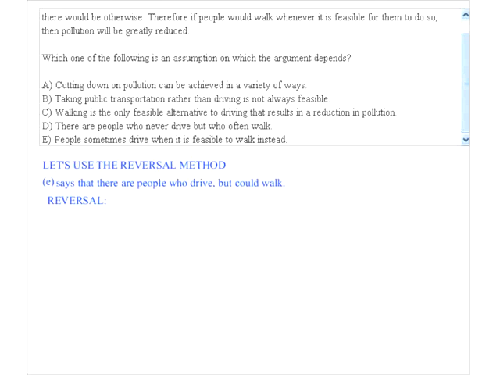But let's try this in 2 steps. The reversal is: it is not true that there are people who drive when they could walk.